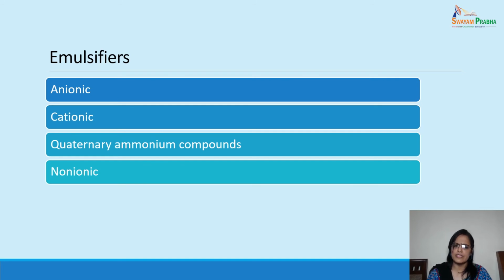Cationic: quaternary ammonium compounds. Non-ionic emulsifiers: alkanolamides, alkyl amines, polyoxyethylene glycerol fatty acid esters, sorbitan esters and sorbitan fatty acid esters are a few examples.